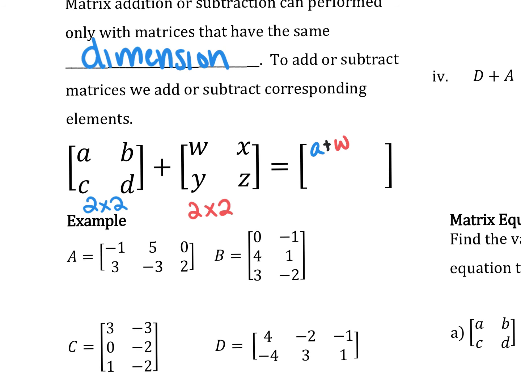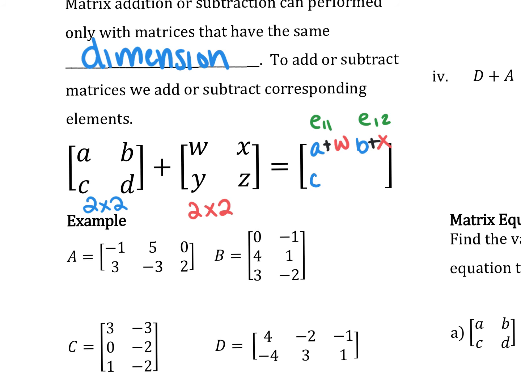Then I would do B plus X. That gives me the E12. Remember, this is called E11, E12. What does E11 mean? First row, first column. E12 is first row, second column.